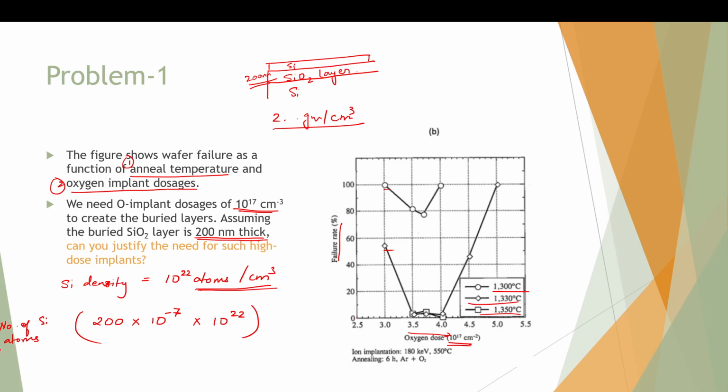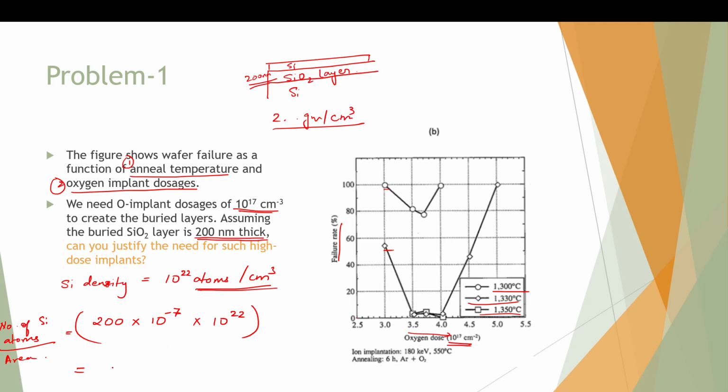So this will be the number of silicon atoms per unit area. Give it some time and you will understand why I am putting this per unit area and why this relationship is valid. What I'm basically doing is multiplying the thickness by the silicon density, so from this I get the number of silicon atoms per unit area.